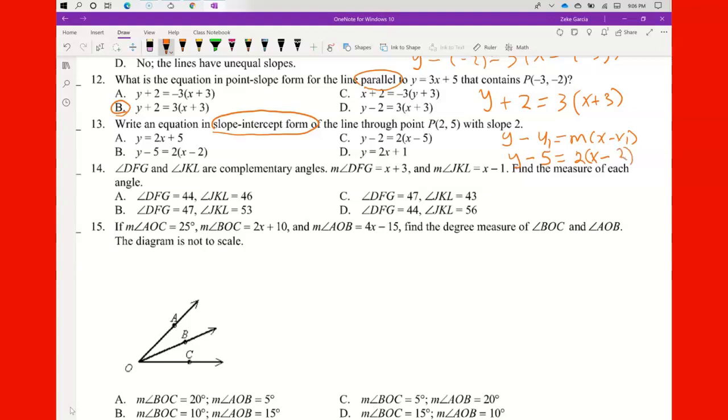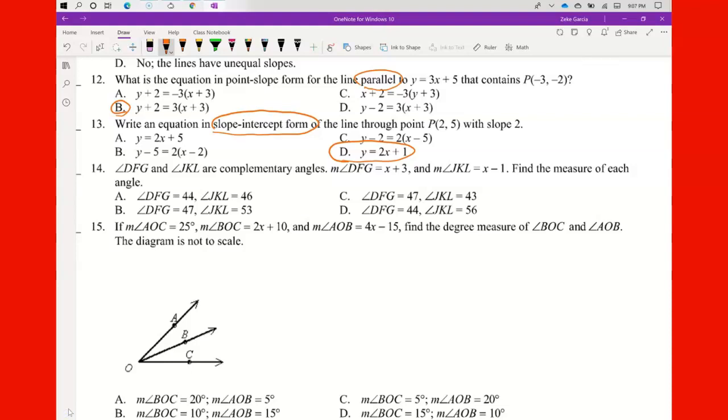So now you're going to have to solve for y. So you have y minus 5 equals 2 times x gives you 2x. 2 times -2 gives you -4. You add 5 to both sides because you're solving for y. So you have y equals 2x plus 1. So your answer is D.